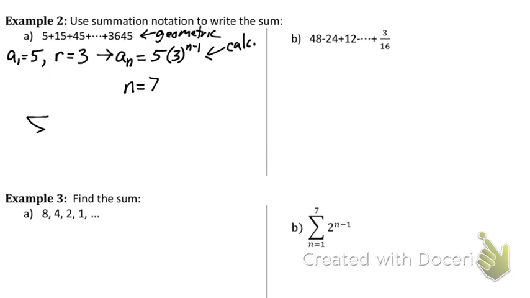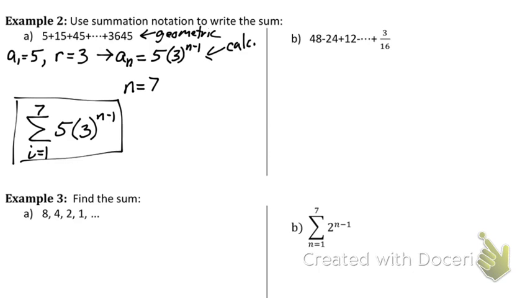Now we can do our summation notation: we go from 1 to 7, and we just put our explicit formula, which is 5 times 3 to the n minus 1, and that is our summation formula. So anytime we're missing our n value, we can use our calculator to find it for us.